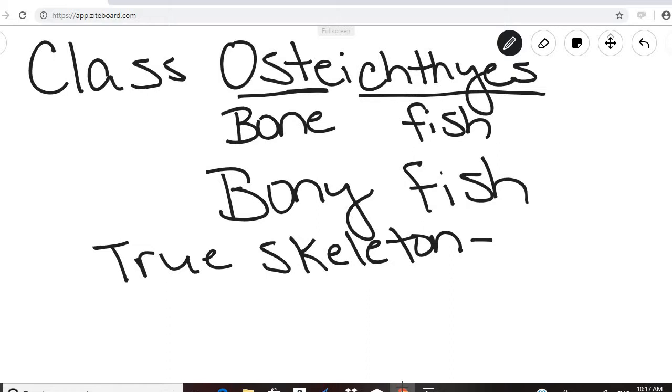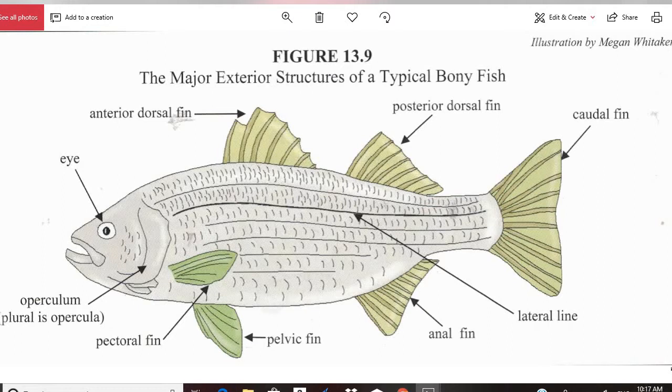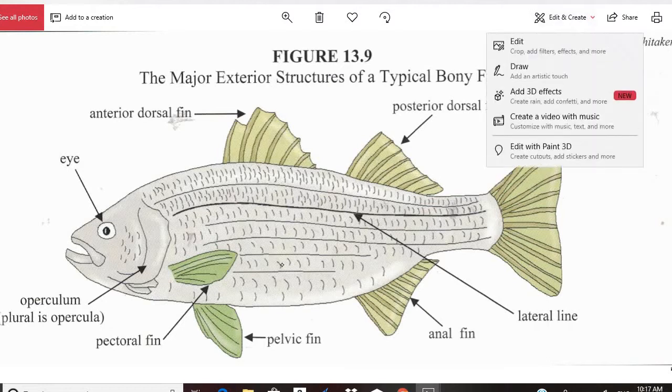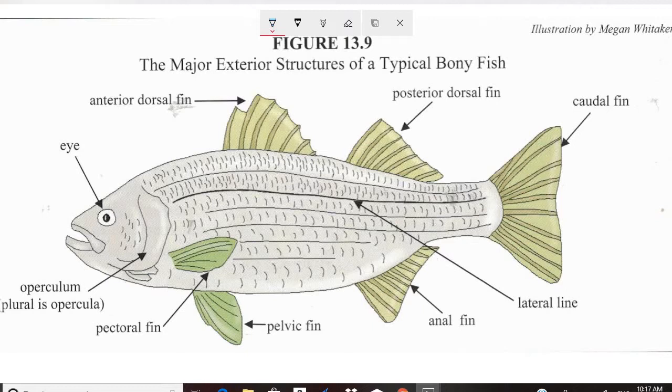Let's go ahead and look at the external anatomy of a fish. So just like the shark, they have various fins that are used for swimming, used for maintaining balance and direction.